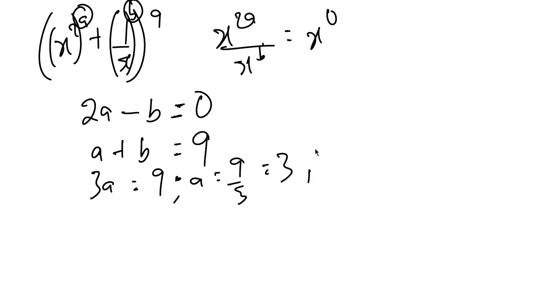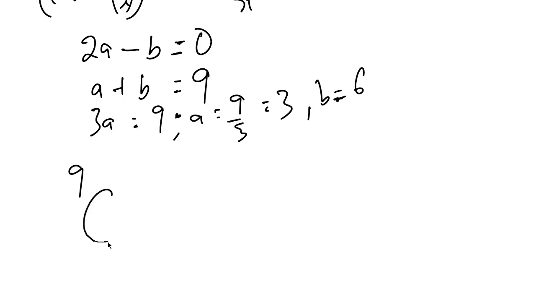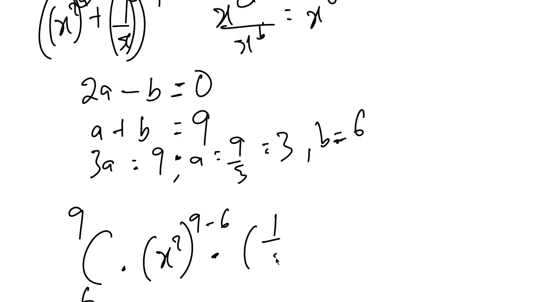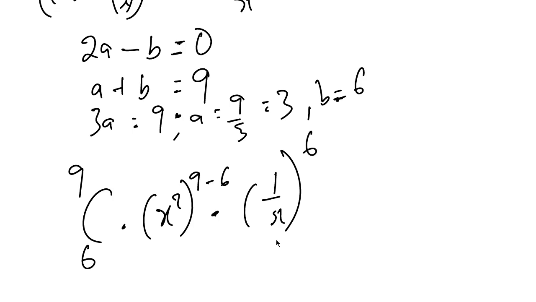And then what is b? Remember I said the b value that will help you get it is 6. So what will you do? 9 combination 6. x squared, because that's the first component, to the power 9 minus 6, multiplied by the other part, 1 over x to the power 6.